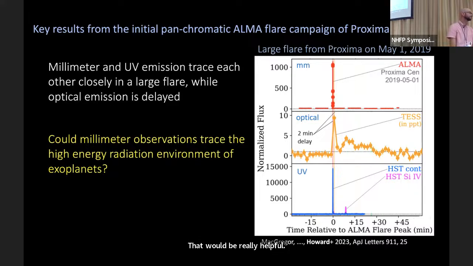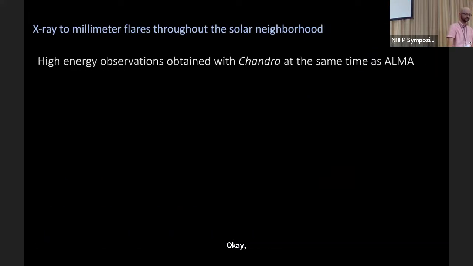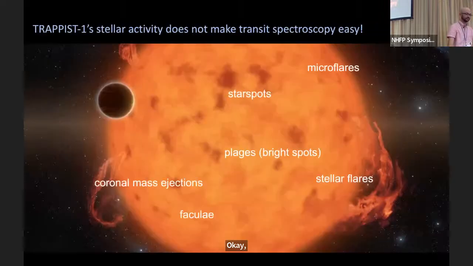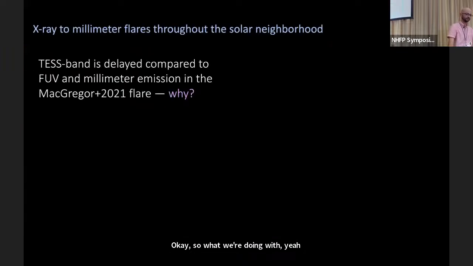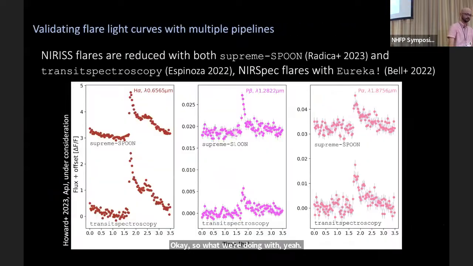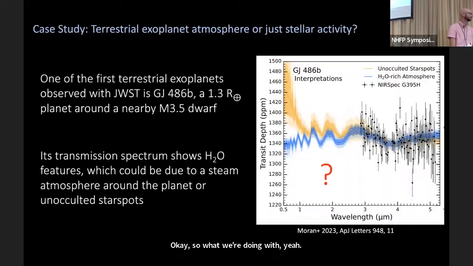So when we're dealing with unocculted spots, as we saw in the diagram, you can get a slope added, a negative slope, and you can get ghost absorption features of what you think is water, for example. What kind of spectral features could be imprinted into a transmission spectrum if you don't account for flares? Yeah, like that's unocculted spots. Okay, for spots.